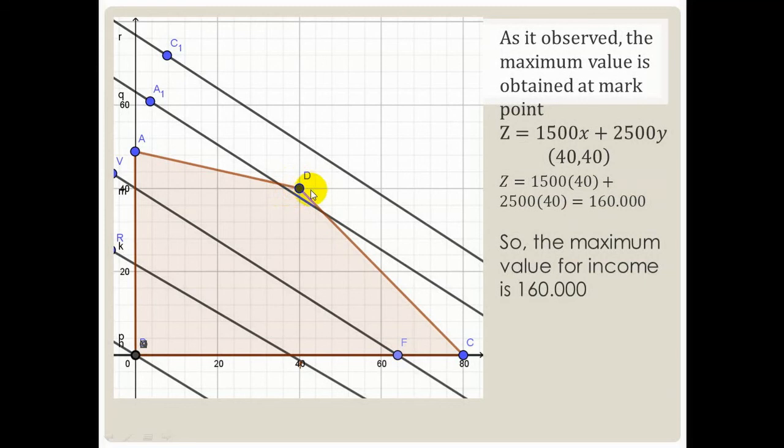So from here, the last point it touches is (40,40). So you just need to substitute here and then the result will be 160,000. So the maximum value for income is 160,000 rupiah, everyone.